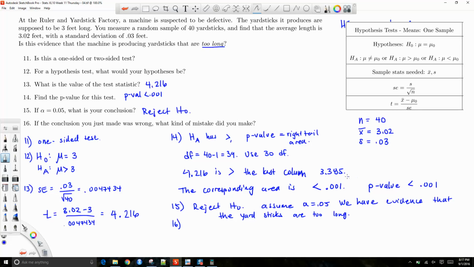And then number 16, if the conclusion you just made was wrong, what kind of mistake did you make? If we rejected the null hypothesis and that was a mistake, then that is a type 1 error.